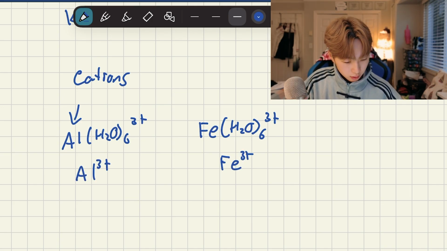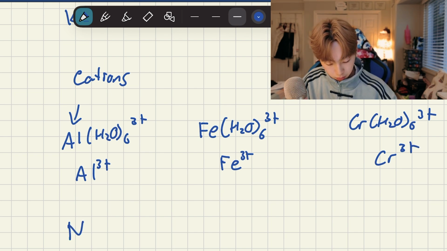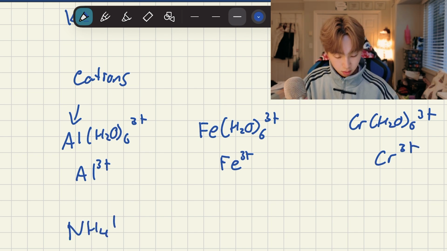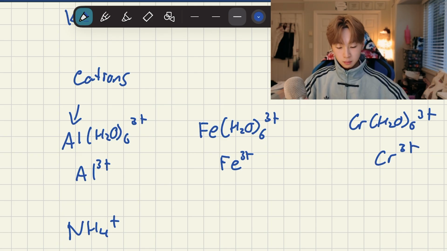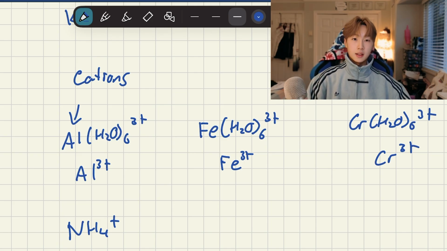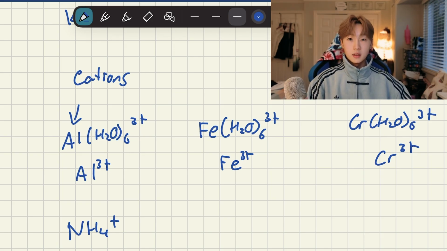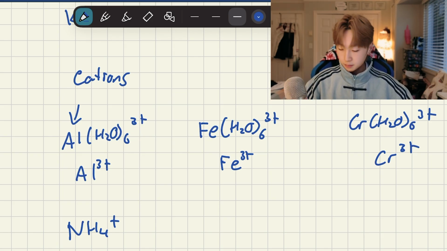You have Cr(H2O)6 3+, or just Cr3+. And finally, you have ammonium, NH4+. So these 4 are the only cations that will hydrolyze. And when these cations hydrolyze, they're going to form an acid.